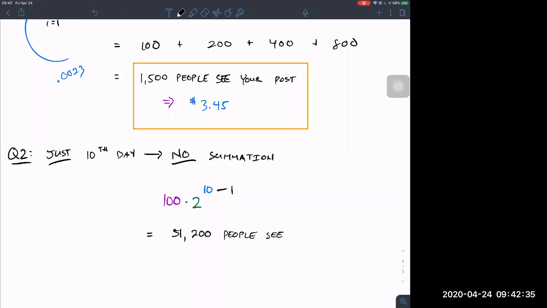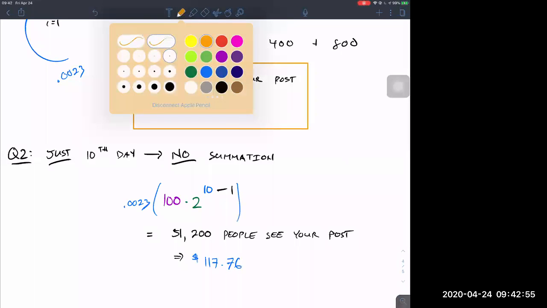And this is just the 10th day as well, which implies that you made, again, multiplying this by 0.0023, that number was given to you, $117.76.